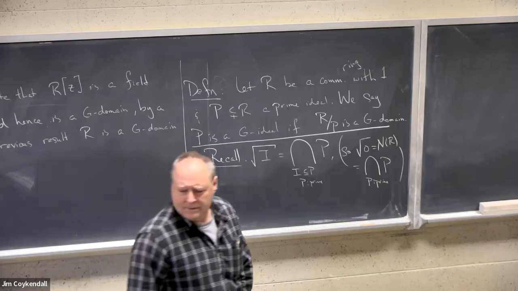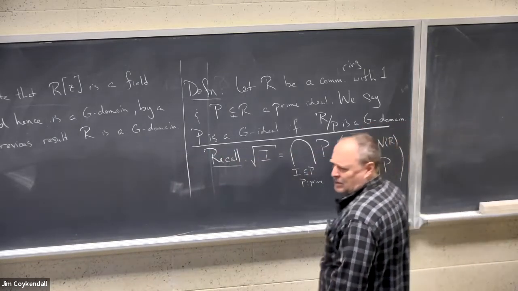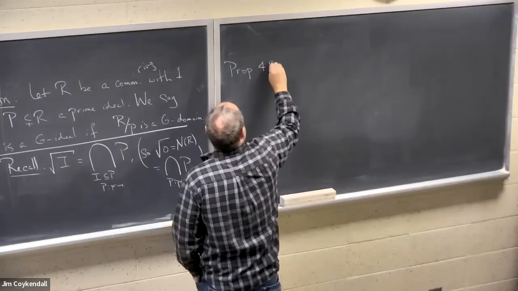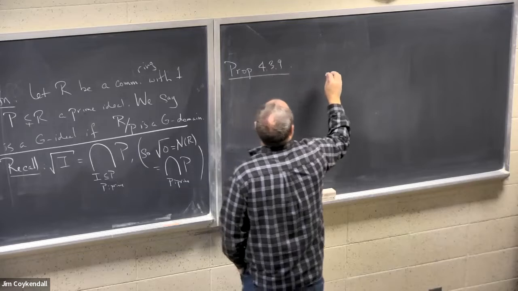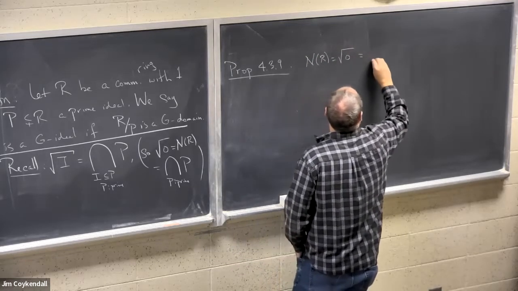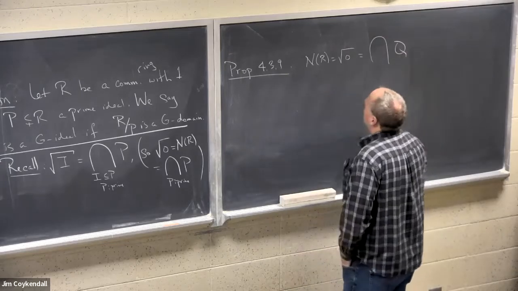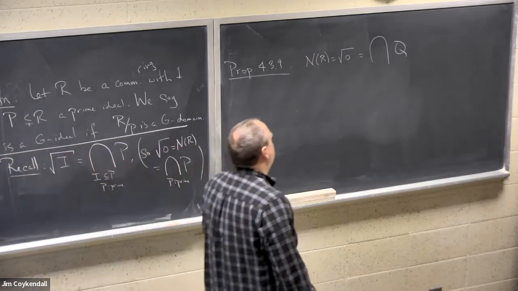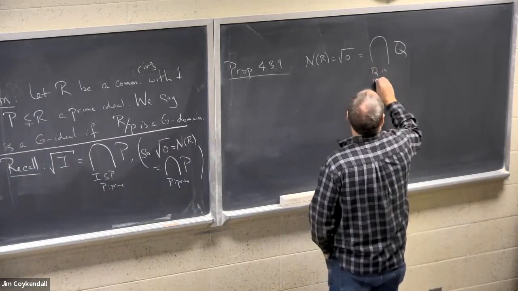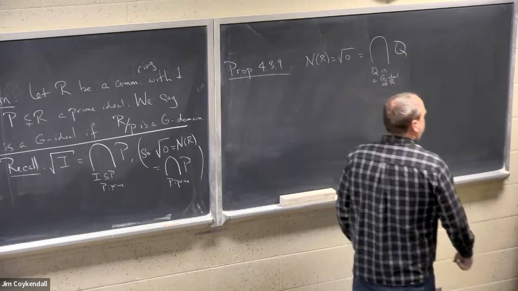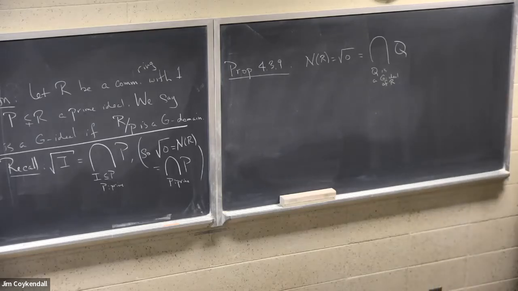So we can shorten this. The nil radical is actually the intersection of all G ideals of R. I can shorten my list, right?